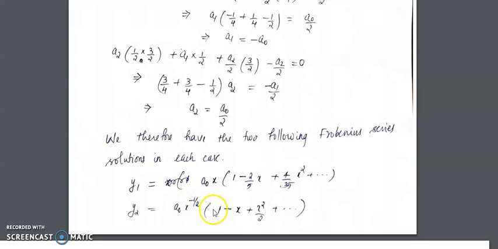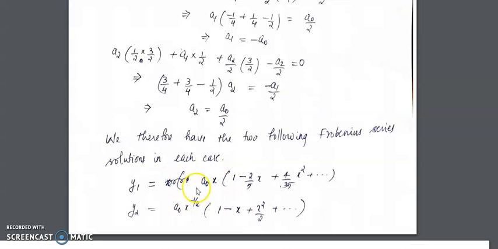Again a0 is common. x raised to m2 into a0 plus a1x plus a2x square. That will be the Frobenius series. So you will get a0 into x raised to minus 1 by 2 into 1 minus x plus x square by 2 plus etc. So now you have got the independent solutions y1 and y2.